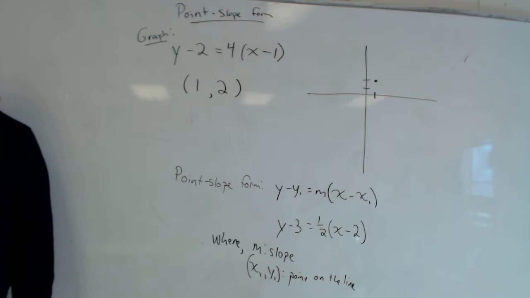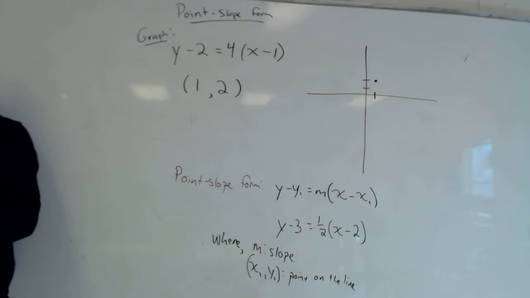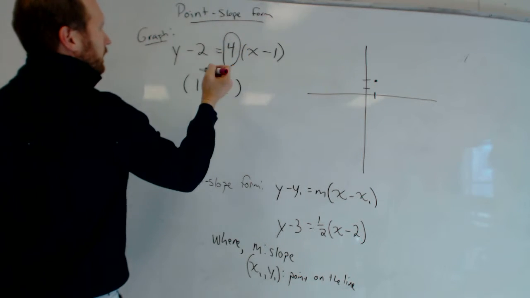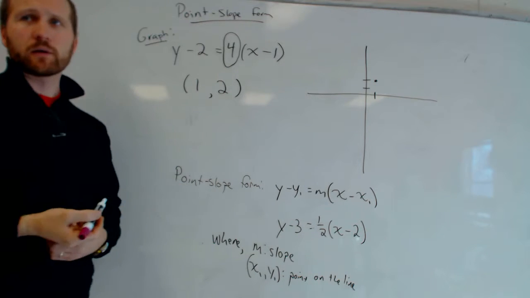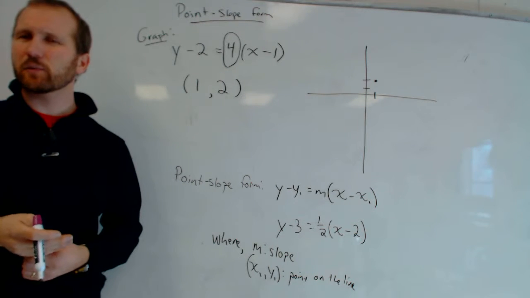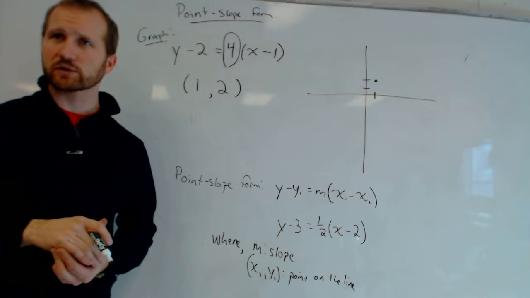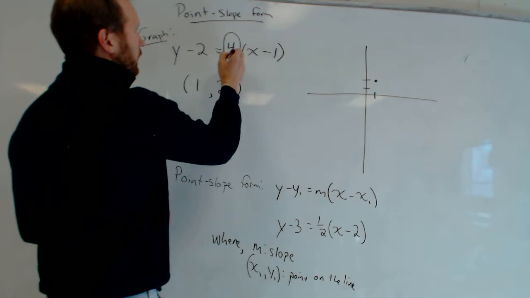But I can't make a line from one point. So how could I maybe get a second point on this line? The slope. The slope here is 4, right? Remember, it's helpful to think of slopes as a fraction. So how could we rewrite 4 as a fraction? 4 over 1.